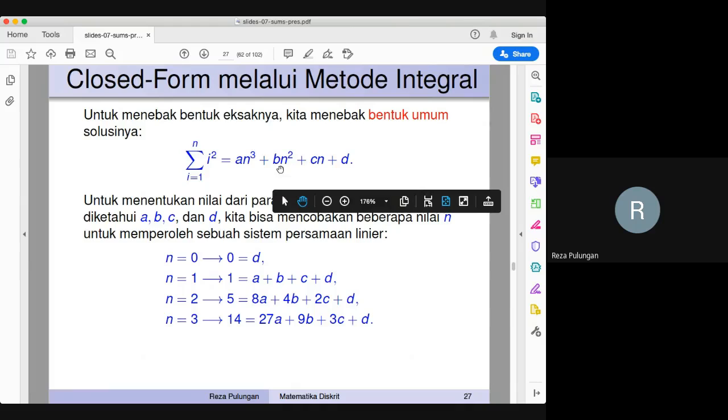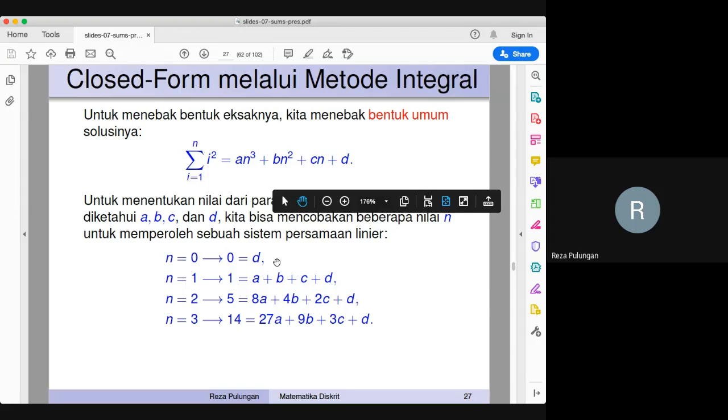What about on the right side? Put n equal to 0: A multiplied by 0, B multiplied by 0, C multiplied by 0, plus D. The left hand side is 0, so 0 is equal to D. Easy. Right from the start, we know that D must be equal to 0.